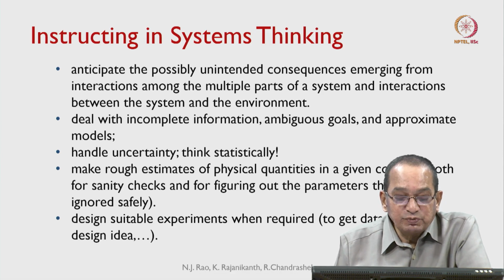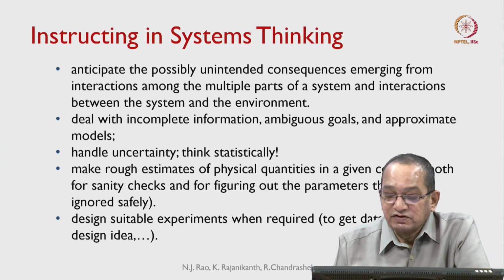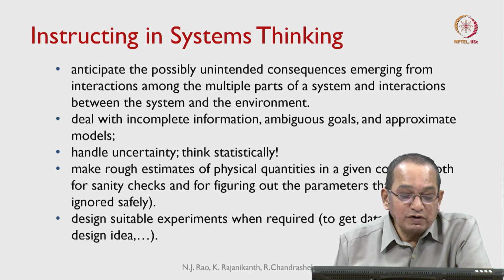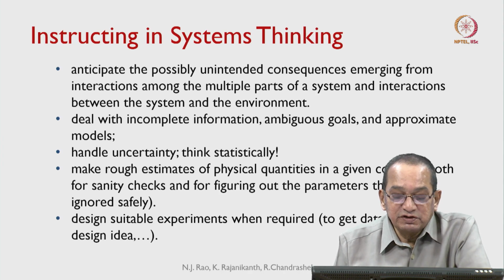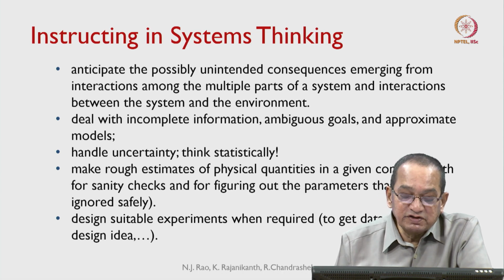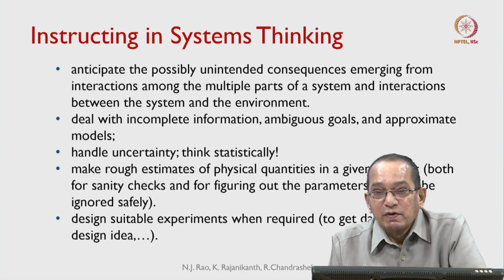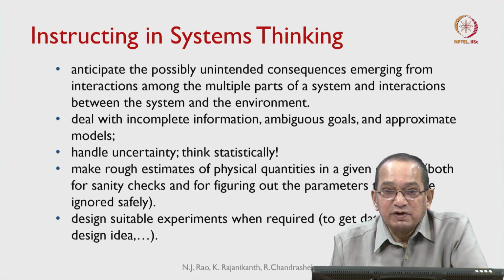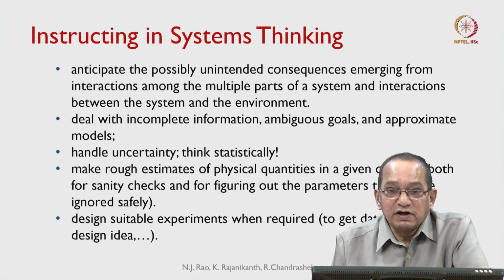Anticipate the possibly unintended consequences emerging from interactions among the multiple parts of a system and interactions between the system and the environment. The parts might have been designed with certain intent and they are expected to interact in some particular way to achieve some intended outcome.